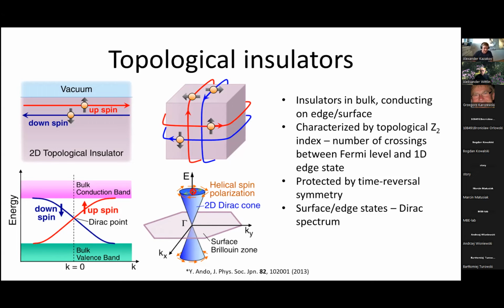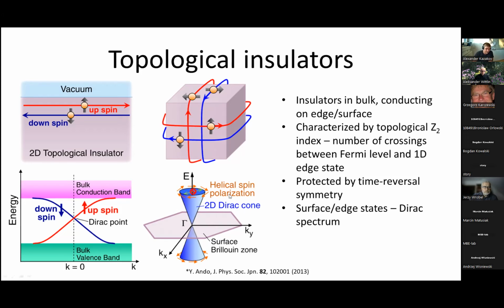They are characterized by a topological Z2 index, which is the number of crossings between the Fermi level, when it's lying in the bulk gap, and the edge states. And the most important thing is that they are protected by time reversal symmetry. So these surface states have so-called spin-momentum locking: the direction of carrier motion is locked with the spin orientation.